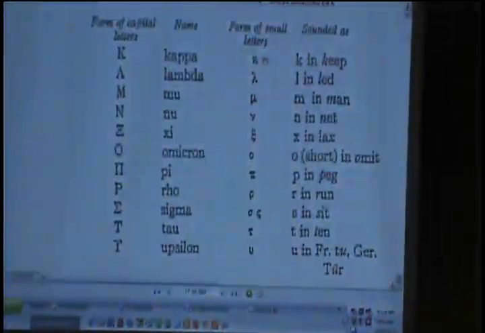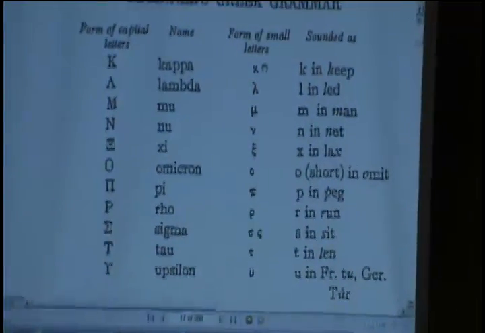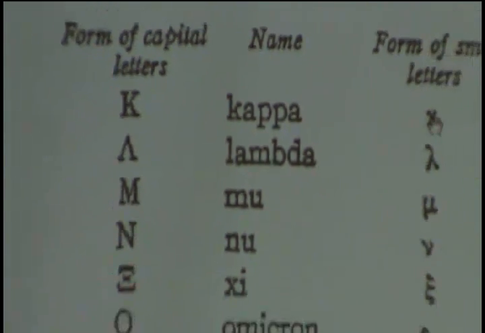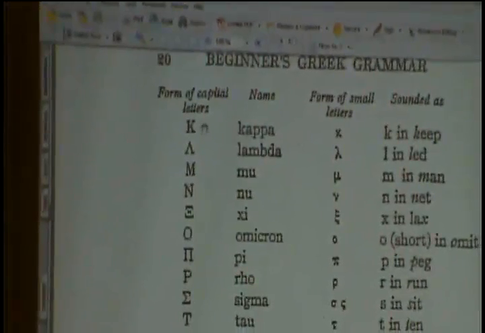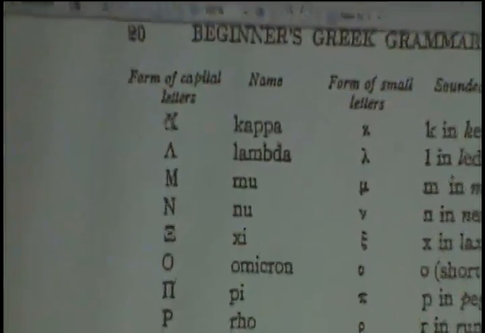Kappa should be just like a K. Could you write it on the board so I can distinguish? Well, it's like this K right here, a small K. See the big K here? Just make a small K, because this looks like an X. That's not right. It should be like a K, like a kappa. Just like this small K right here, kappa. Other question?